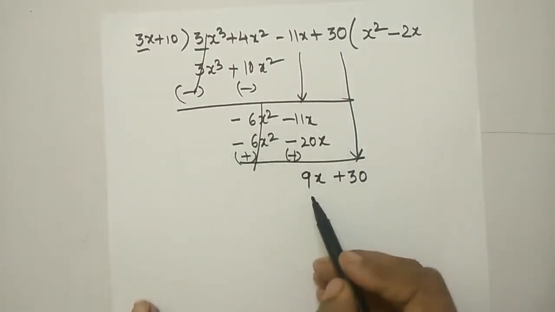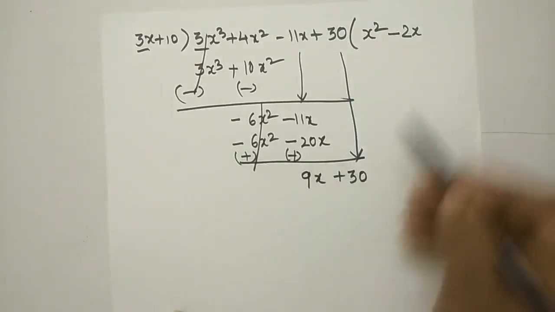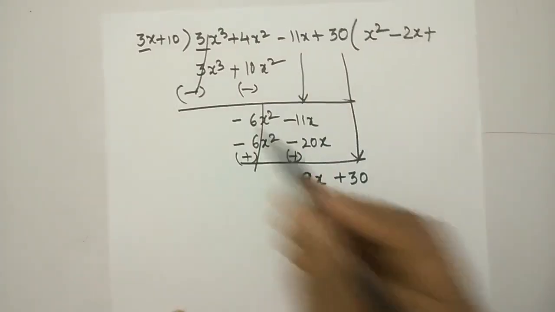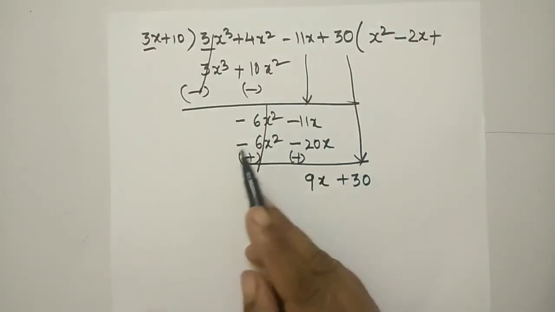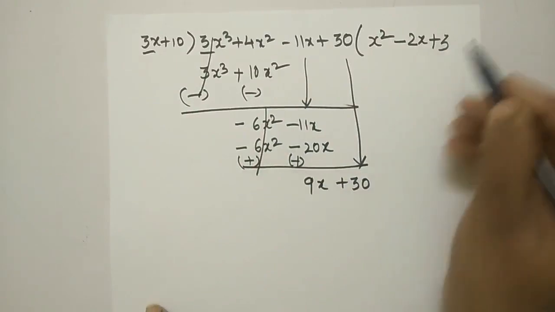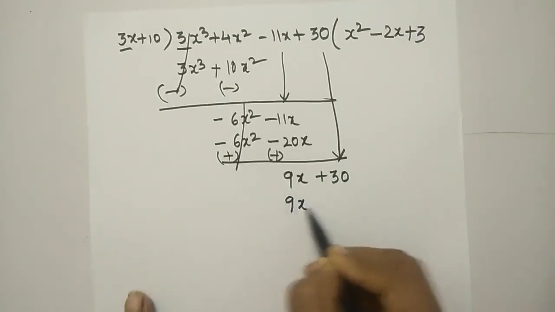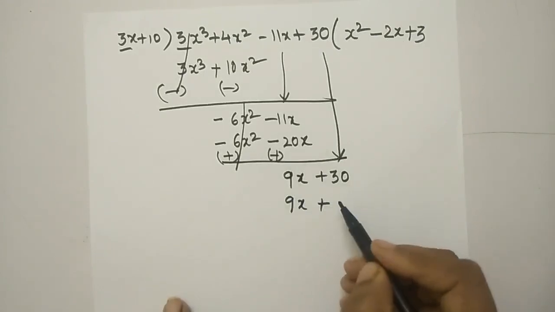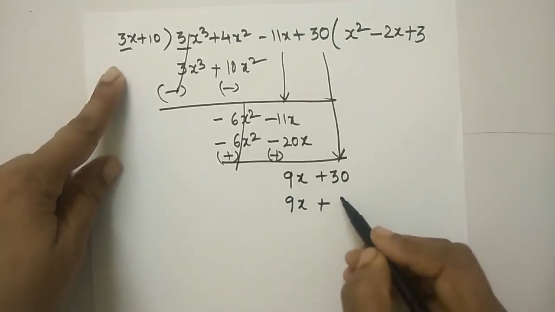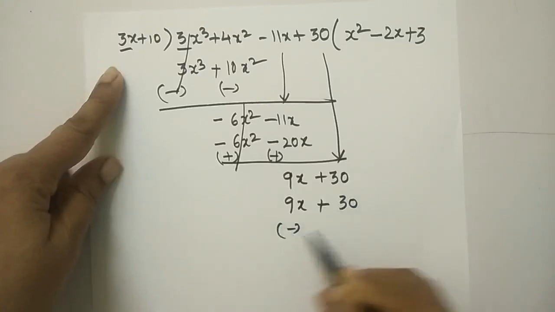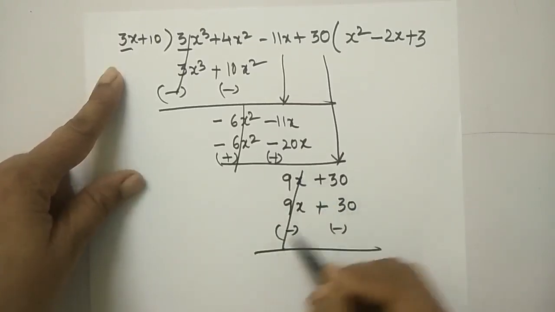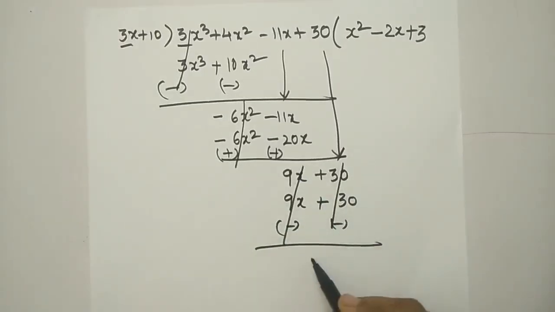Here 3, here 9, here sign is also plus, so plus 3x into 3 you will get 9x. Multiply with whole G of x, this is 30. Now change the sign, these two get cancelled, these two get cancelled, this is 0.